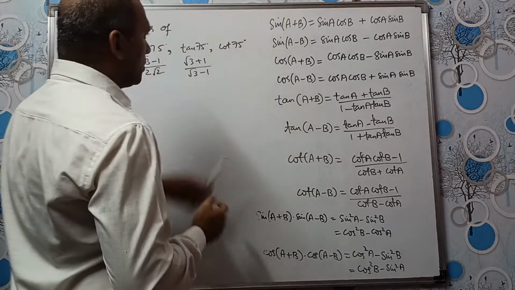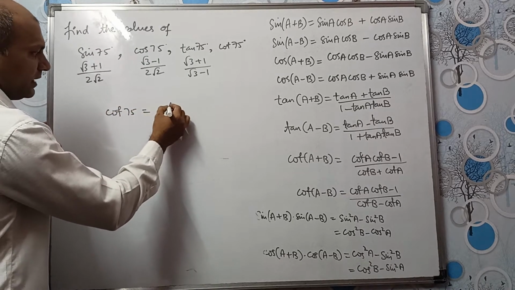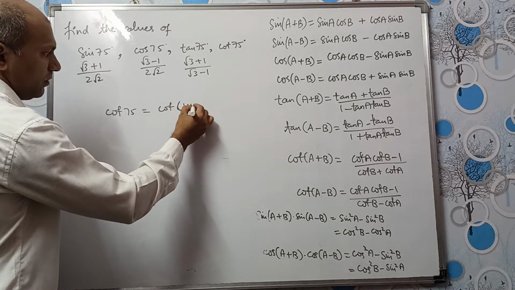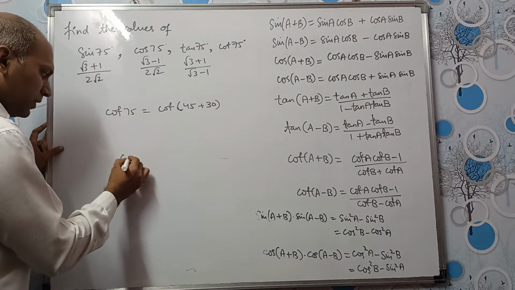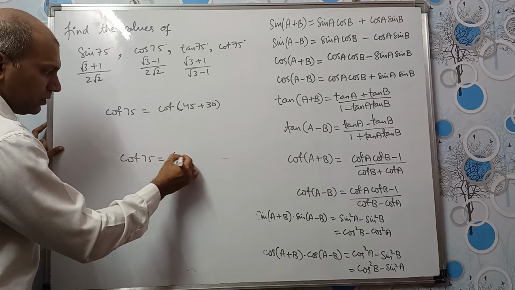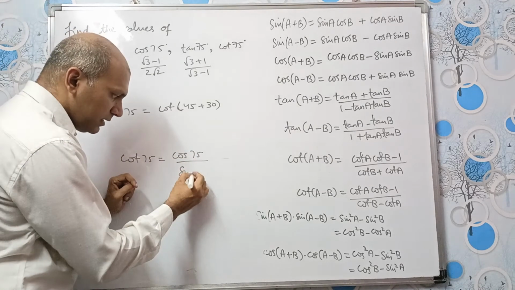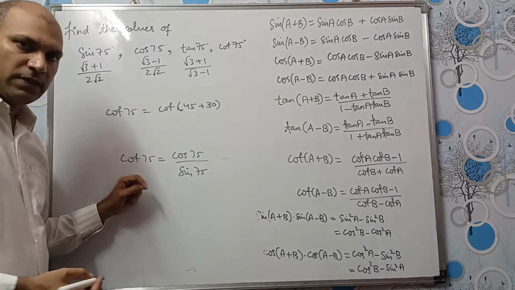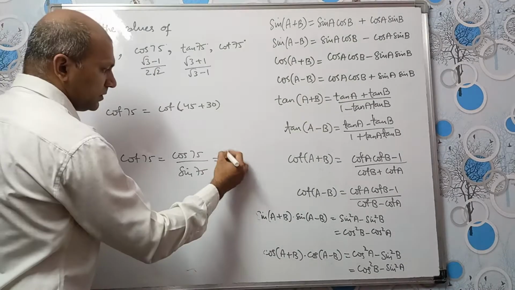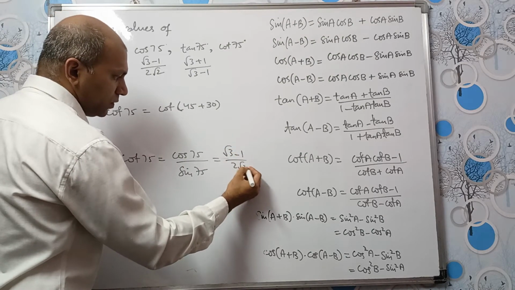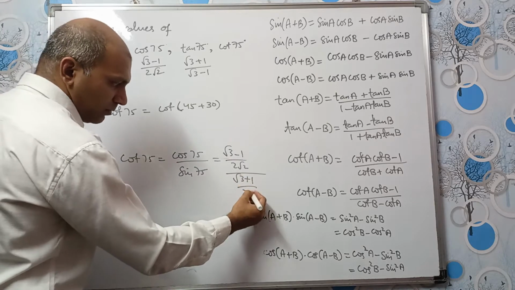How should we find cot 75? We can write cot 75 as cot of 45 plus 30. Or you can write cot as cos divided by sine. Cos 75 is root 3 minus 1 by 2 root 2, divided by sine 75, which is root 3 plus 1 by 2 root 2.